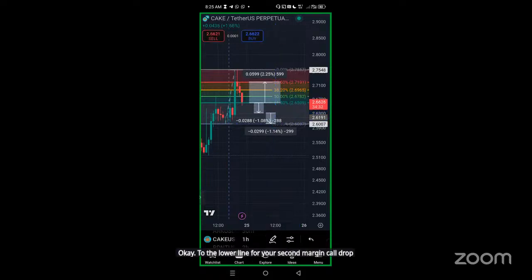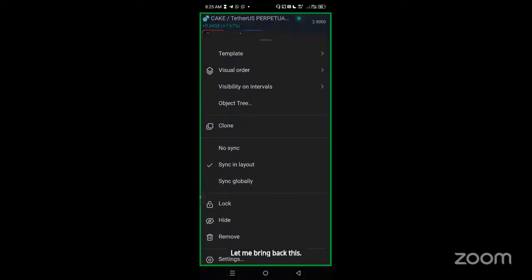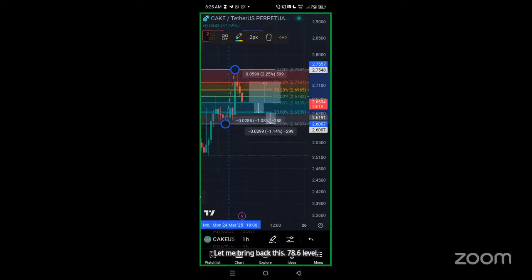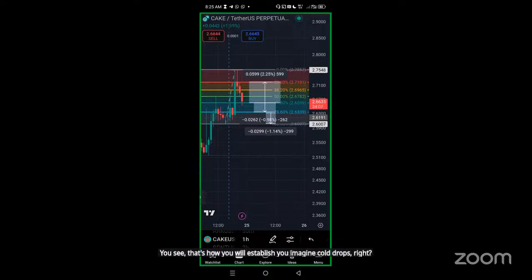As simple as that. Now, let me bring back the 78.6 level. Yeah, let's put it there. That is where it would be. You see, that's how you'll establish your margin call drops, right? You'll establish your margin call drop in that manner.